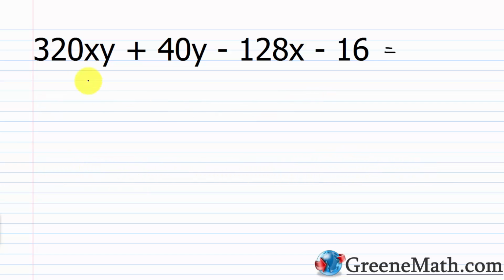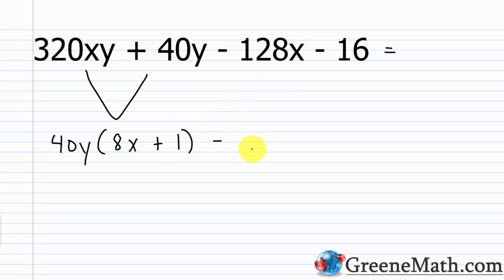So if I look at these two groups here, what can I pull out? Well, I can pull out a 40y. So I'd pull out a 40y, and I would have 8x plus 1. Then over here, I could pull out negative 16. And inside, I'd have, again, 8x plus 1.